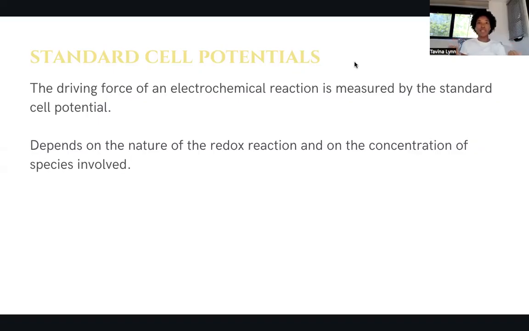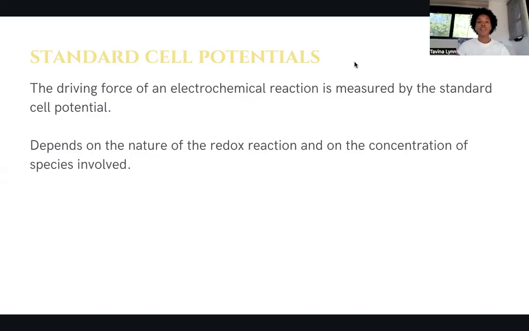How favorable is it? We know it's a spontaneous redox reaction, which it has to be by definition to make a galvanic cell. This is favorable because we don't have to put in any work, and we're able to harness those electrons to carry out some work, but we don't have to put in any work for the reaction to go. But to get a measurement of how favorable it is, this is what is the standard cell potential.